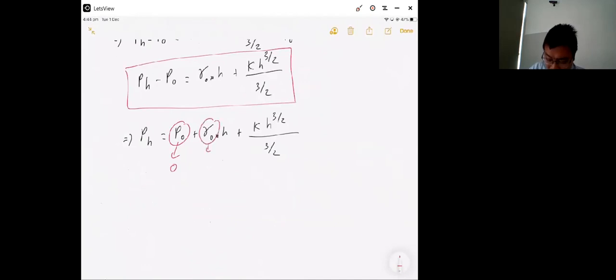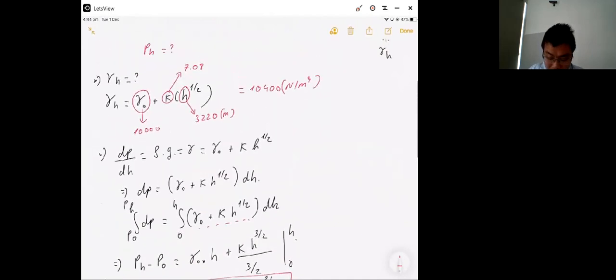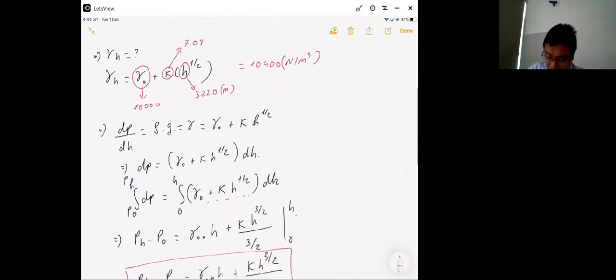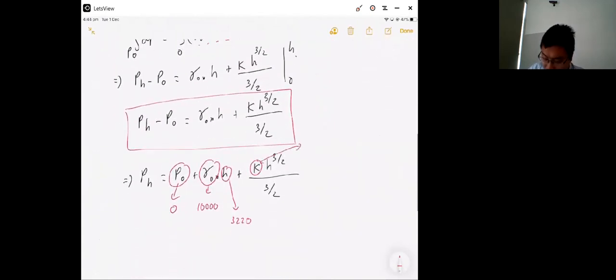Gamma you have is 10,000. S is 3220 meters. K you have here is 7.08. Okay, S is 3220 meters.